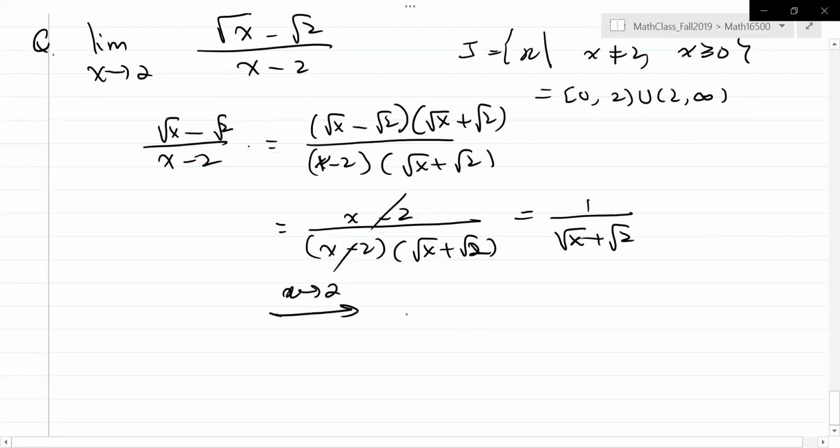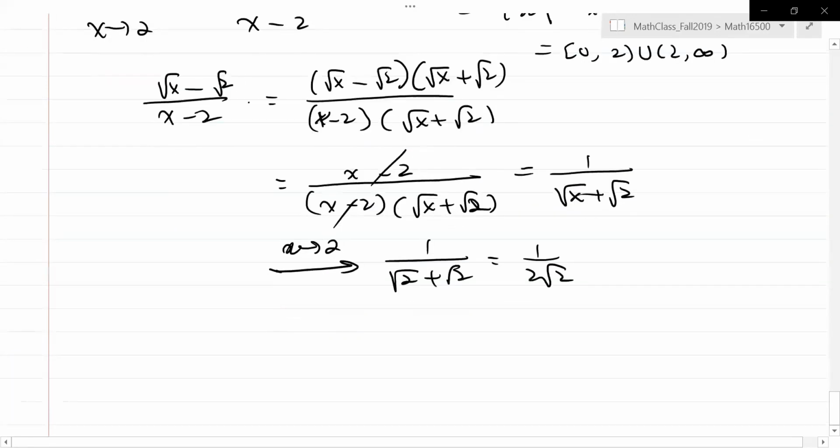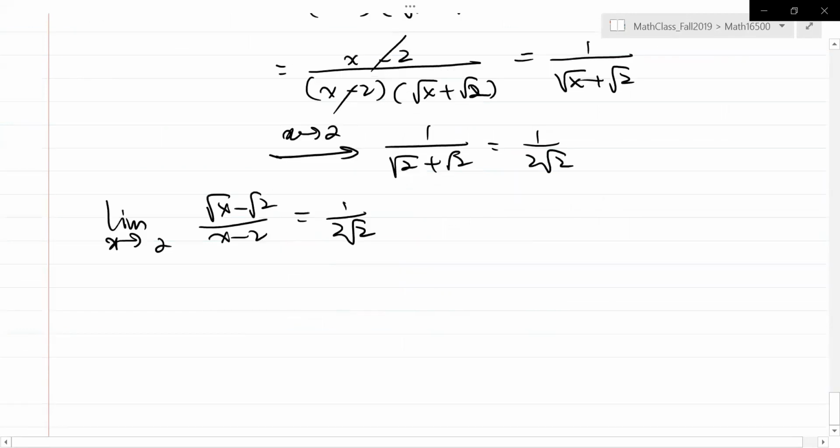And when x approaches 2, the simplified expression clearly approaches 1 over (square root of 2 plus square root of 2), which is 1 over 2 times square root of 2. So we get the limit, which is 1 over 2 times square root of 2.